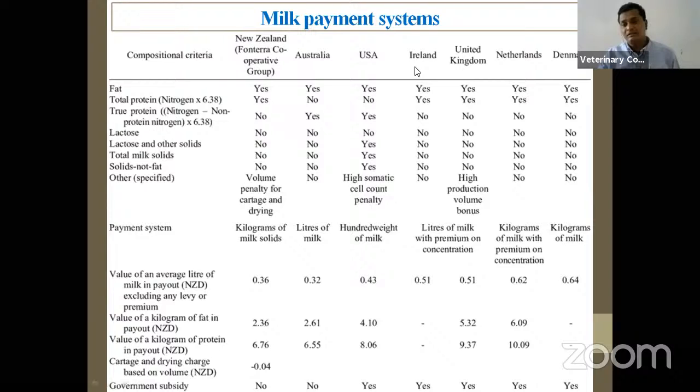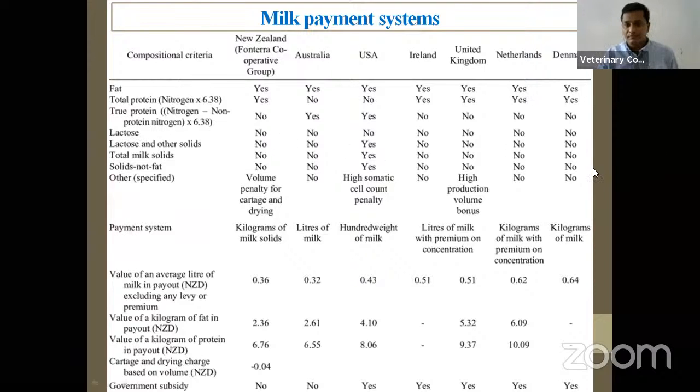Higher is the fat, they have a chart. Based on that pro rata, they will transform the fat content into a price. So payment based on the fat content of the milk, a multiplication factor. So they will have this payment system.